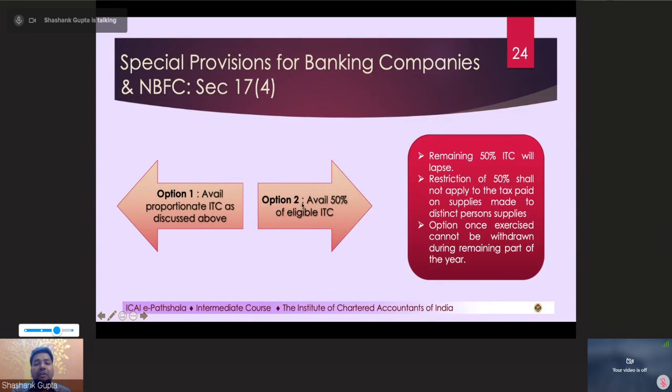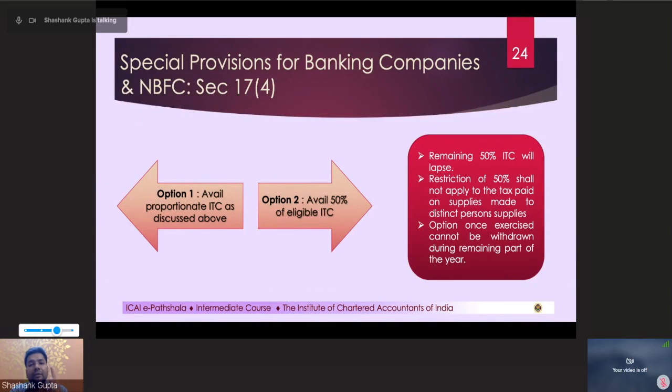But this restriction of 50% shall not be applicable on supplies made by distinct persons. So basically, if HDFC is availing this 50% option, then full credit will be available for supplies between HDFC Delhi and HDFC Mumbai and HDFC Kolkata and HDFC Bangalore.